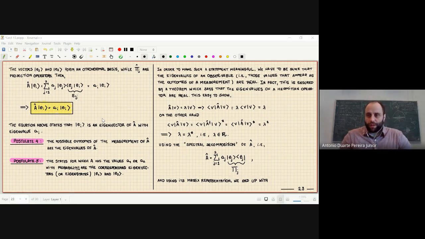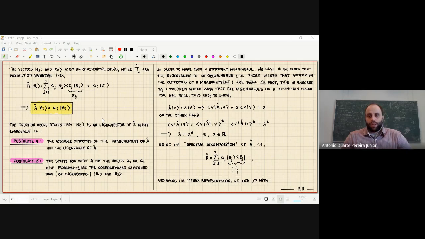But there is one final thing that we already touched on, but let me make it clear. If you have observables as Hermitian operators, and the possible outcomes in the experiment are the eigenvalues of the operator, then you better have an operator that has real eigenvalues.